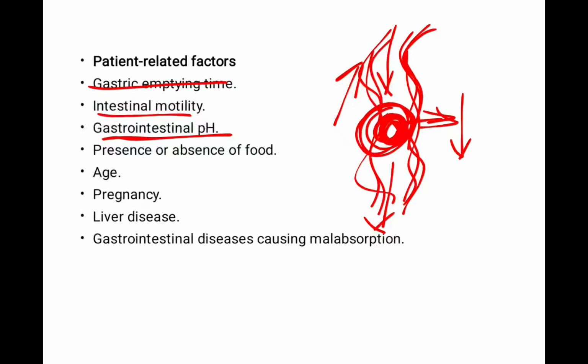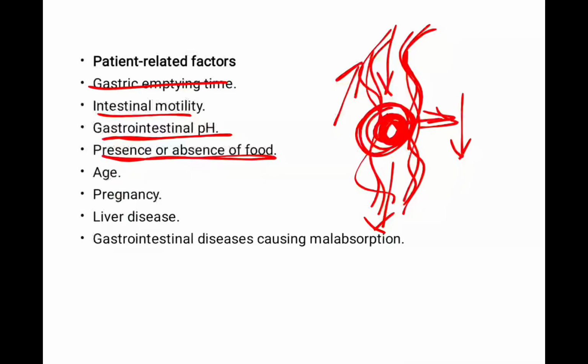For a drug that is acidic, let's take for example atropine, it is absorbed faster in the stomach. For a patient with achlorhydria, that is a decrease in the secretion of hydrochloric acid, there will be a high pH in the stomach, which will decrease the absorption of acidic drugs as well as decrease bioavailability.